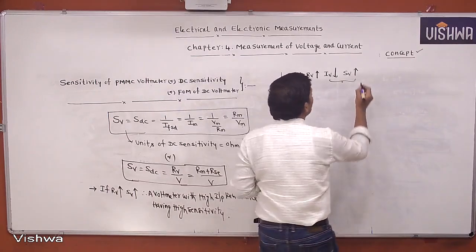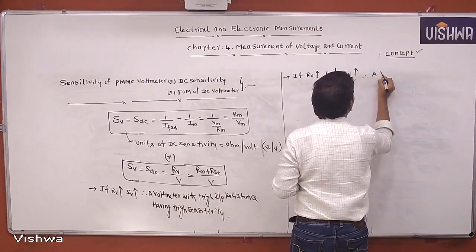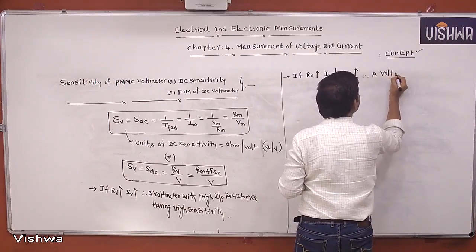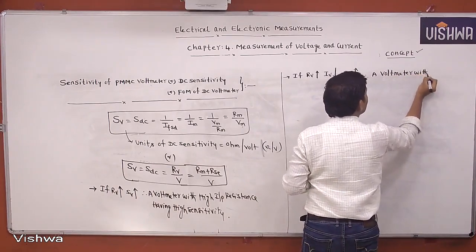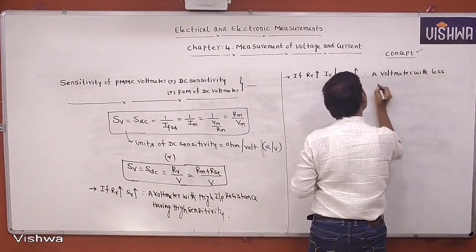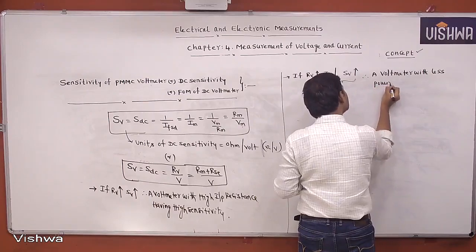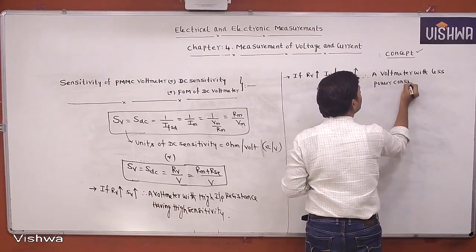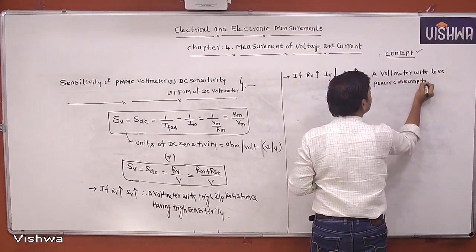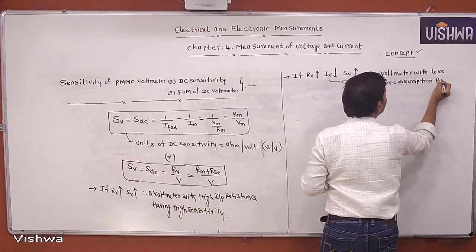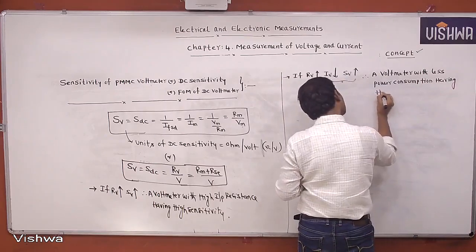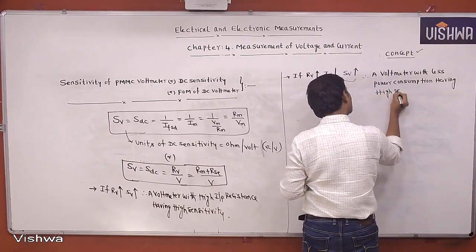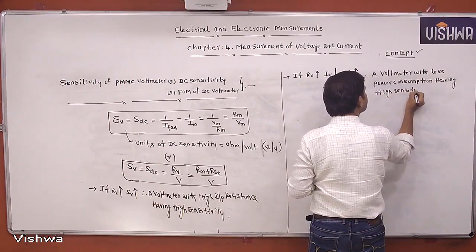That's why a voltmeter with less power consumption has high sensitivity. This observation is also important.